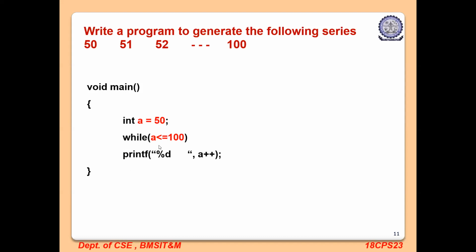Number two, in the previous program we had two statements: one printing the value of A, and the next incrementing the value of A by 1. Now, this statement here does both, because it prints the value of A and at the same time increments the value of A.